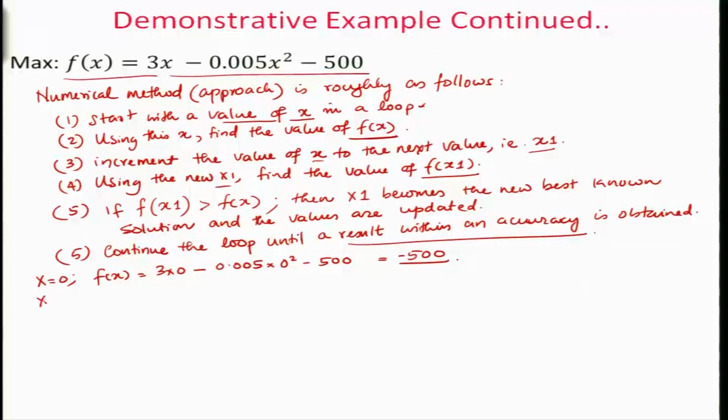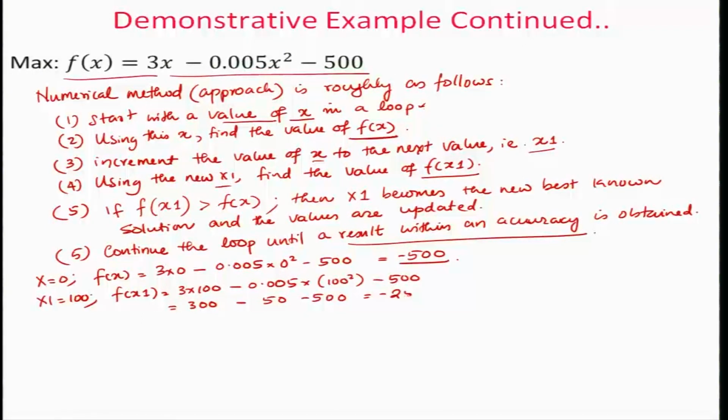Now, let us update x1 to be 100, okay, for the time being. So, f of x1 is equal to 3 times 100 minus 0.005 times 100 square minus 500. So, that is 300, and 100 square is 10000, multiplied by this will give you 50, and this minus 500 gives you minus 250.